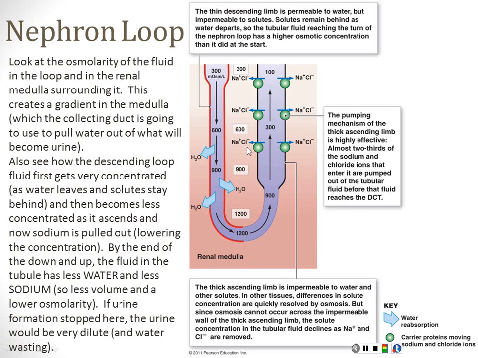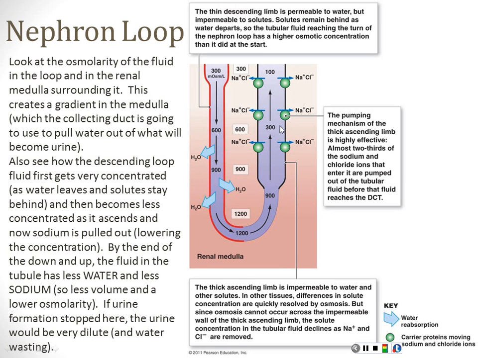So the salt is pumped out, leaving the water behind, and we see the numbers get lower again. That same salt is then going to be what draws the water out from the descending limb. Do you see that? So the two sides are linked. The ascending branch pumps the salt out. That salt draws the water out of the descending limb.